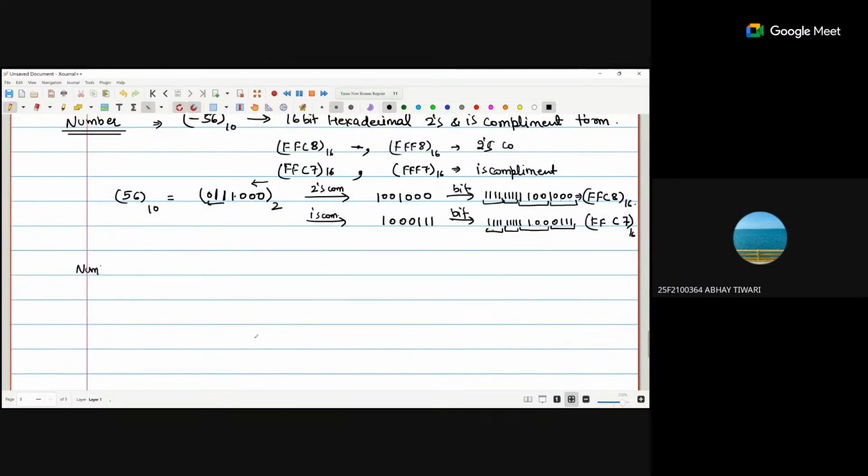We have the number -111 in base 10 to represent into 16 bits, 8-bit hexadecimal. Okay, all three methods: one's complement, two's complement, and sign magnitude.